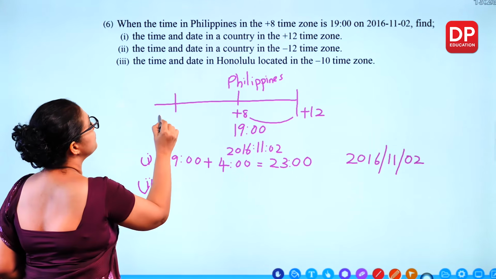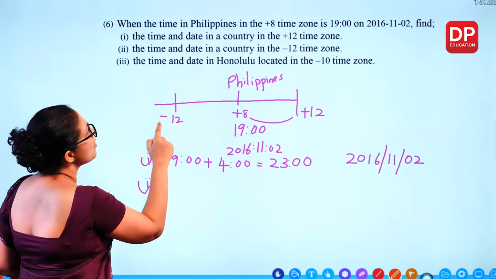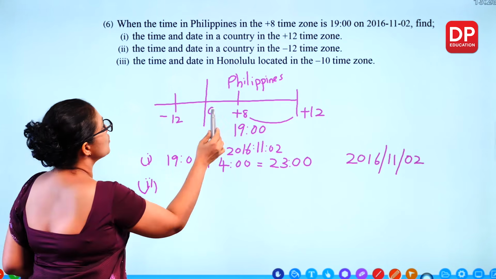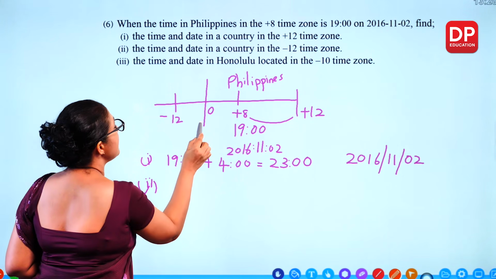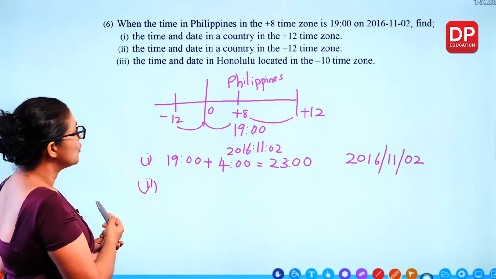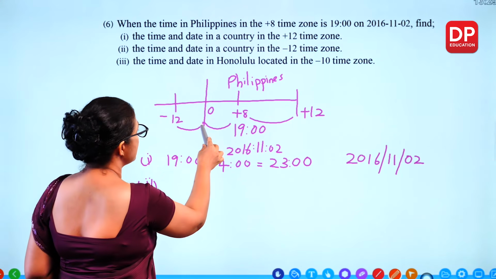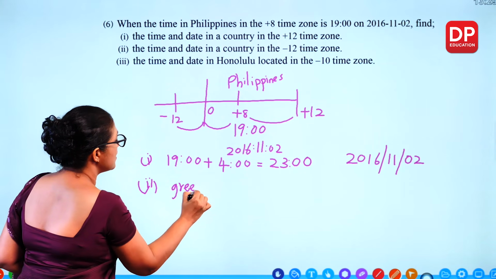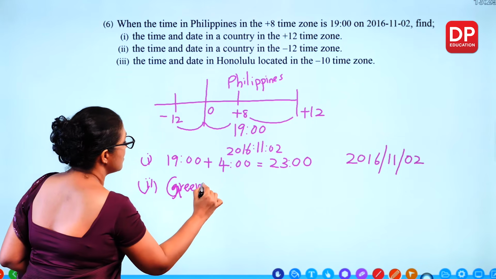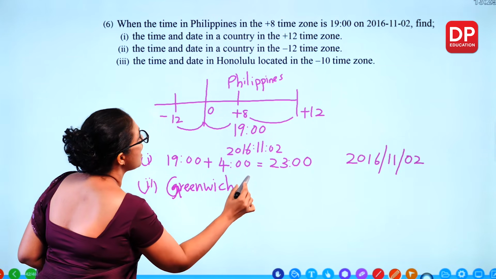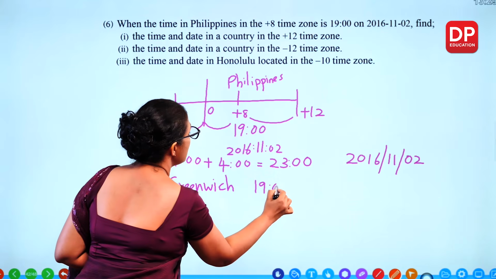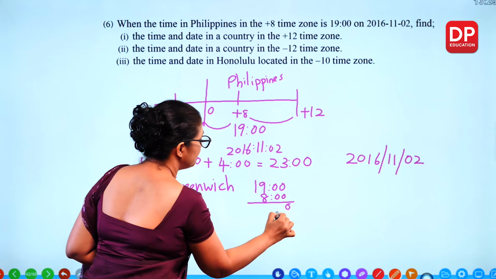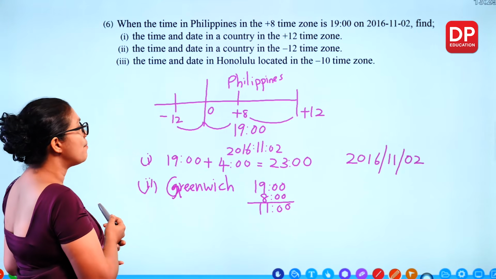And second part, the time and date in a country in the -12 zone. That means this way. So -12 means, what's the difference? 0, Greenwich is somewhere there. So here to here, 8 and another 12. So what is the Greenwich time? Subtract 8. We'll do it step by step. Greenwich time becomes 19 minus 8, 11 in the morning.